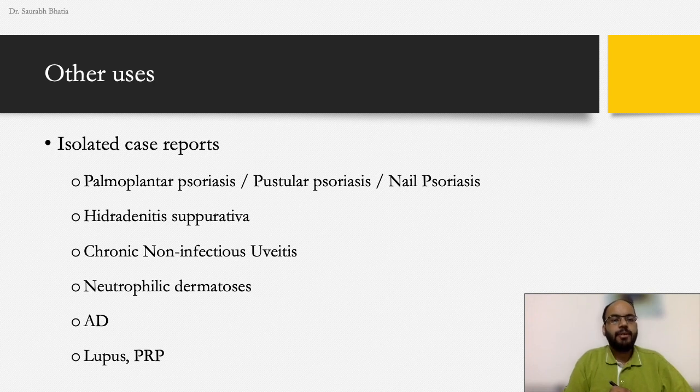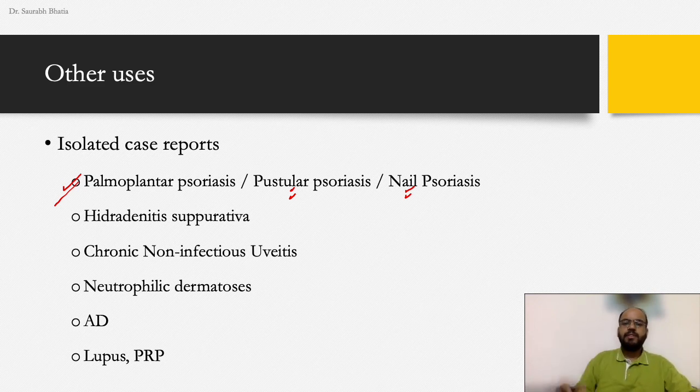Isolated case reports have also mentioned its use in palmoplantar psoriasis, pustular psoriasis, and nail psoriasis, and it has been found that significant reduction occurs clinically in DLQI parameters and well-being quality of life of the patients, and also when measured objectively by using NAPSI scores or the pustular psoriasis PASI index or palmoplantar psoriasis PASI index.